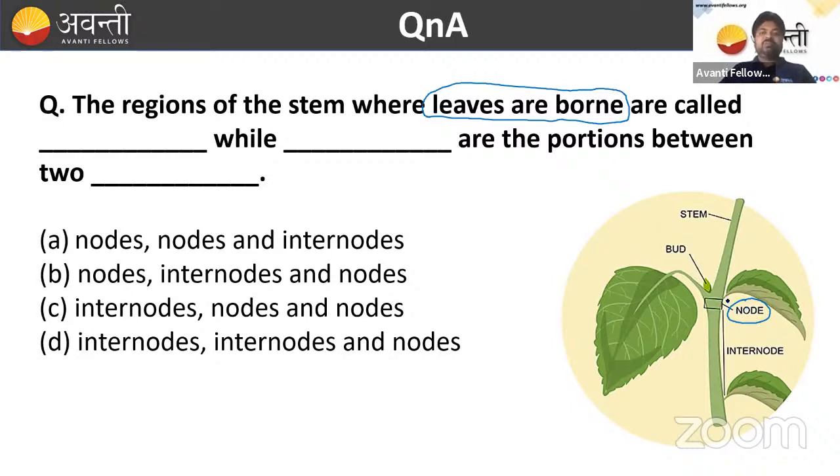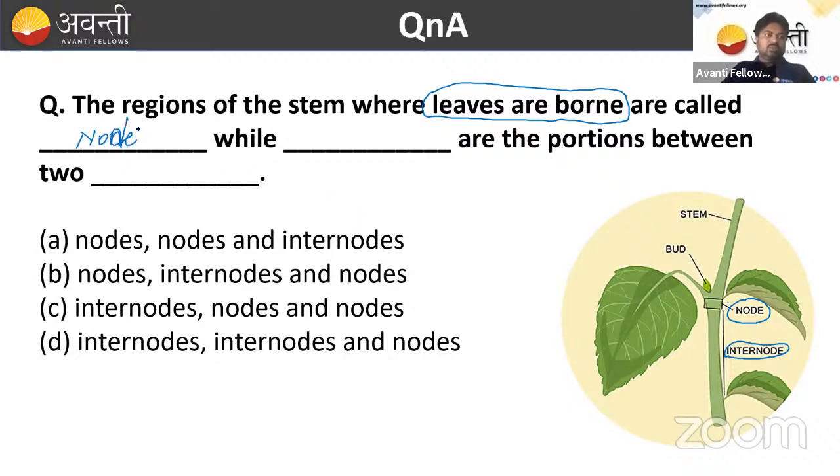And in between the two nodes you can see the internode portion. So that's why the first blank is node only.